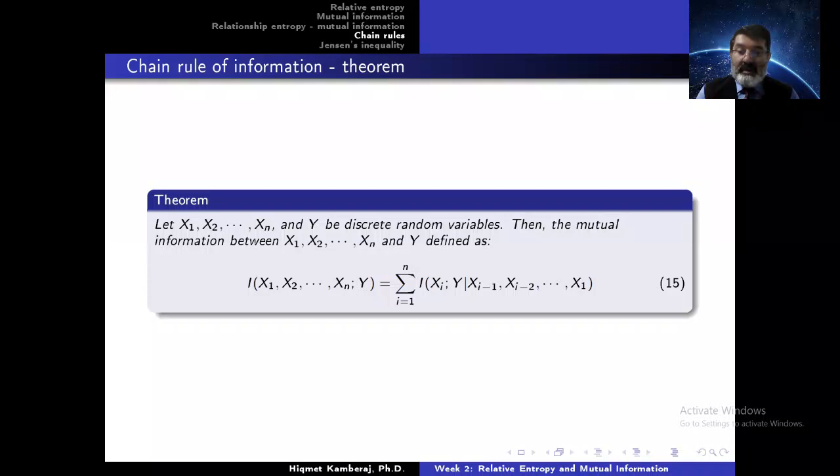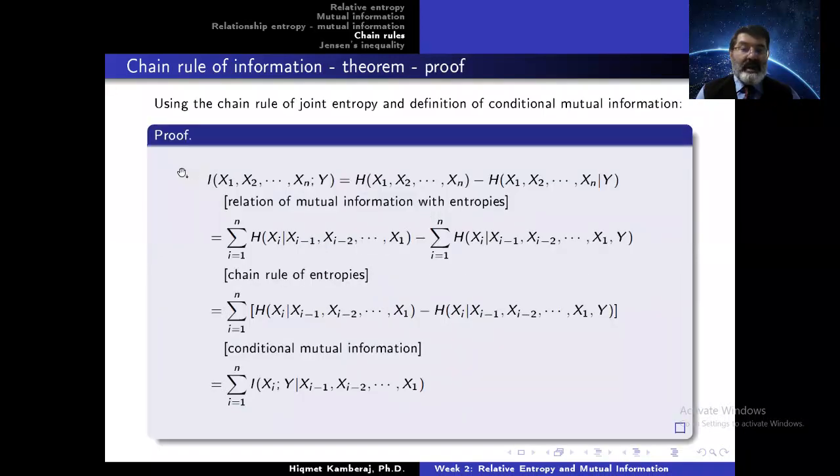Then the mutual information between x1, x2, up to xn and y is equal to the sum over i from 1 to n of the conditional mutual information I between xi and y given x(i-1), x(i-2), down to x1. Now this is a theorem. We have to prove this one.